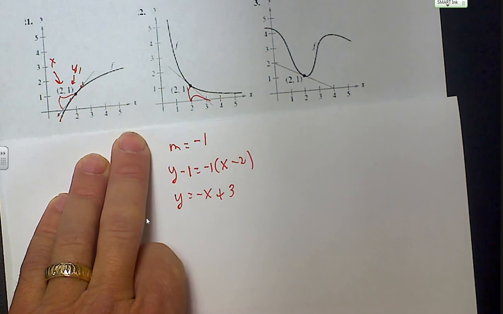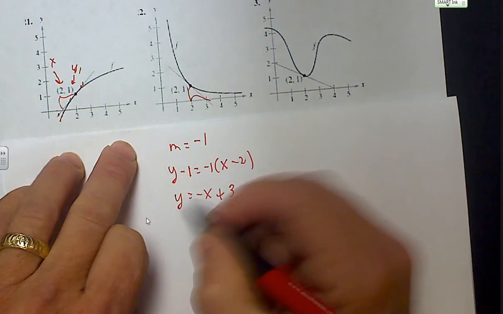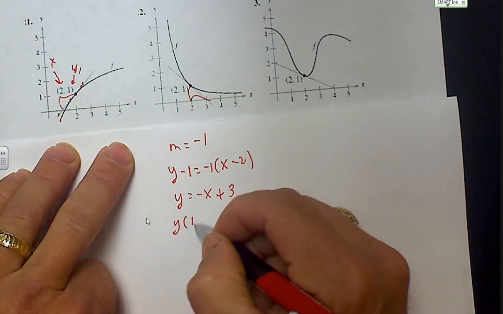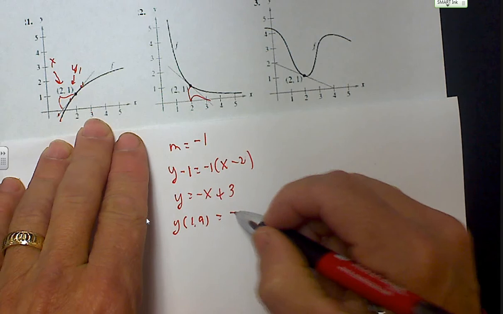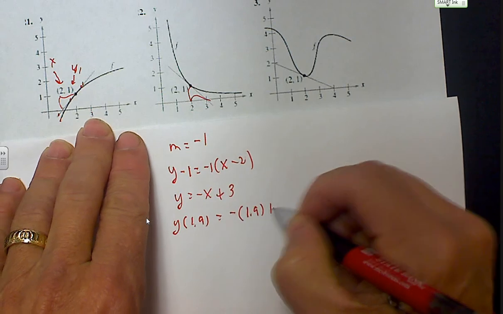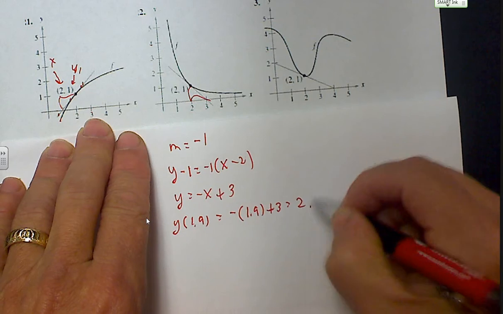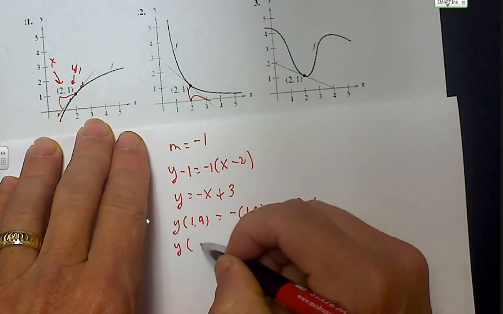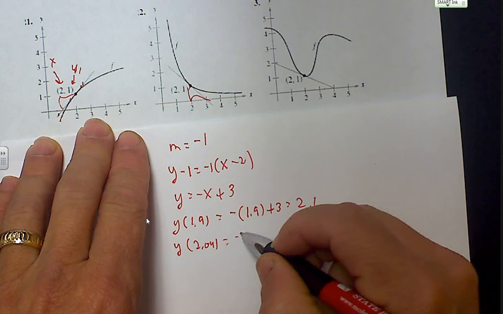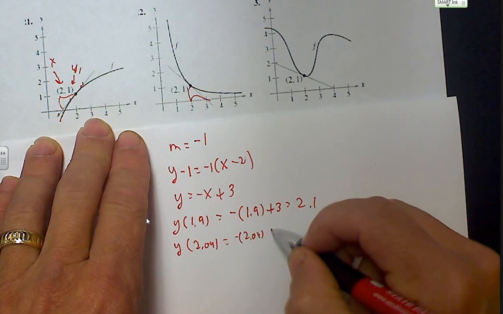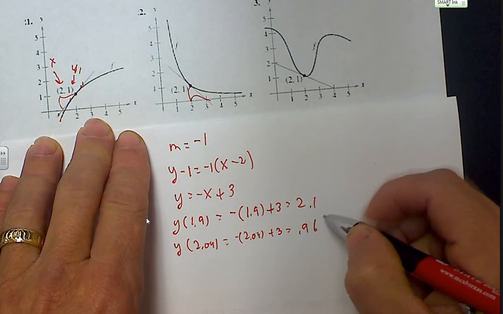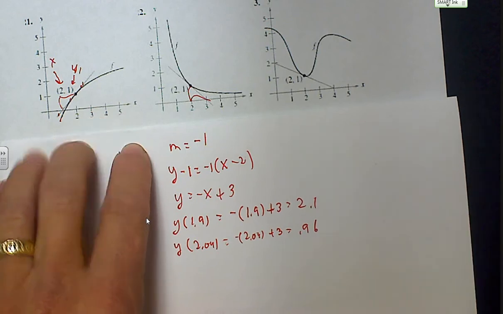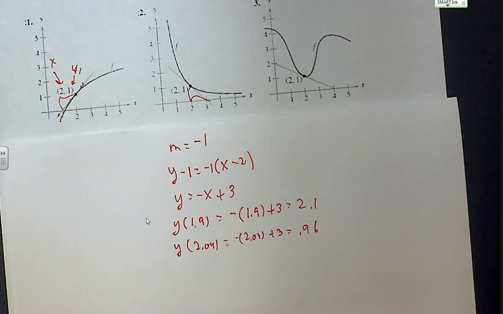Use that to approximate 1.9 and 2.04. Over or underestimates? Under. Because the graph is concave up.